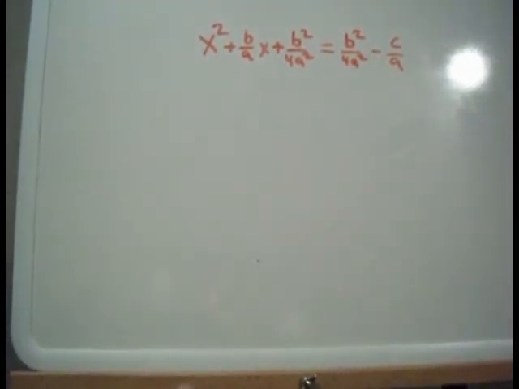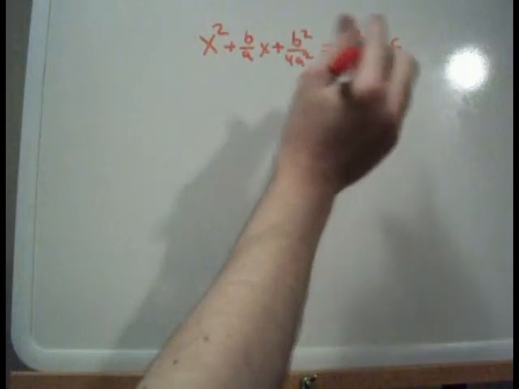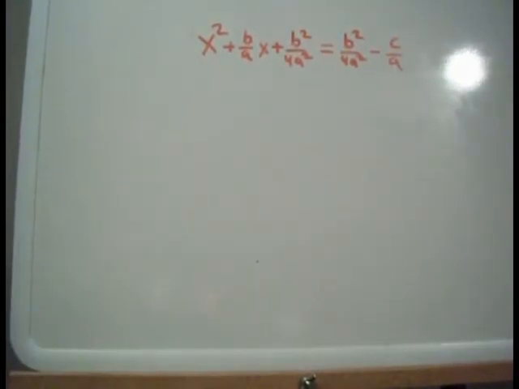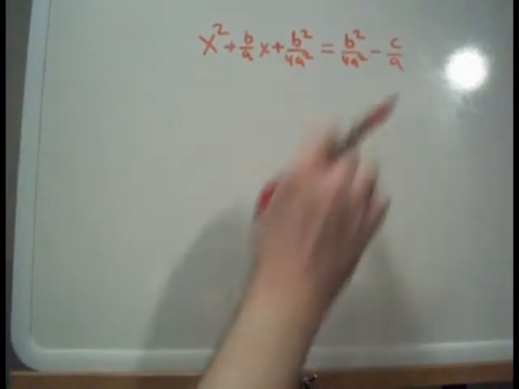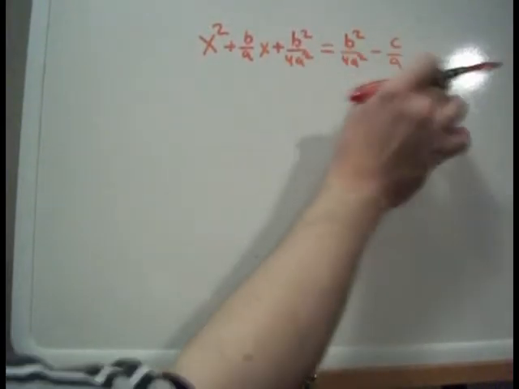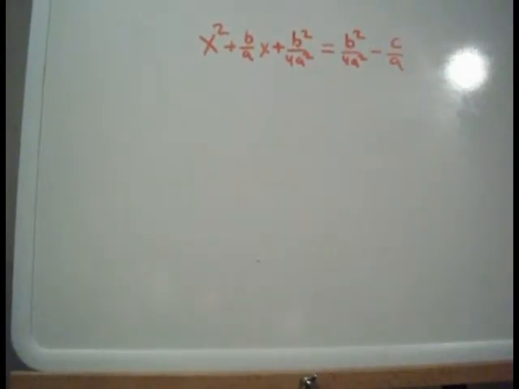Now, at this point, since this denominator is not the same as this denominator, can we subtract these two fractions? No. Well, we're going to fix that. We're going to make a common denominator out of this. It won't happen in just one step, but we are going to make a common denominator out of this. Alrighty.